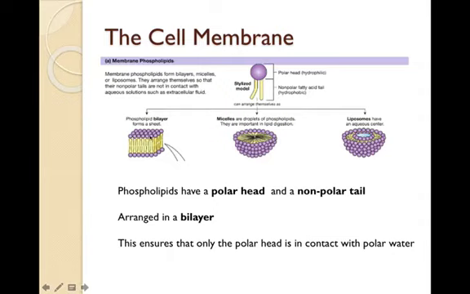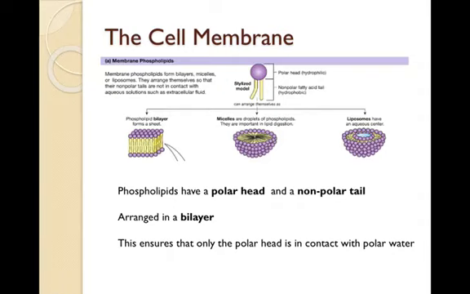And these polar head regions of the phospholipid bilayer prefer to be in touch with the water component, either on the inside of the cell or the water component on the outside of the cell. So you can see that the phospholipid heads are always in contact with some sort of a water component. And the way that they're arranged is that the phospholipid tails are hydrophobic or non-polar, and they don't like to mix with water.